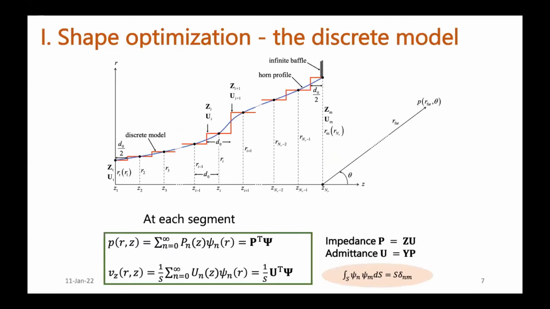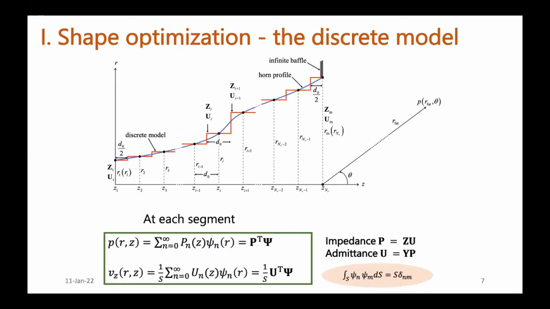The discrete model is shown here. In the first step, we approximate the horn as a series of short connected cylinders, as shown by the red line.